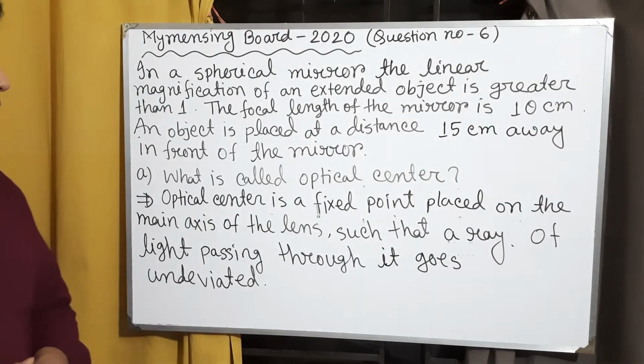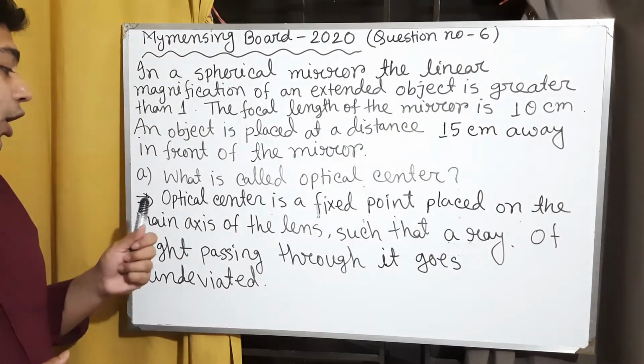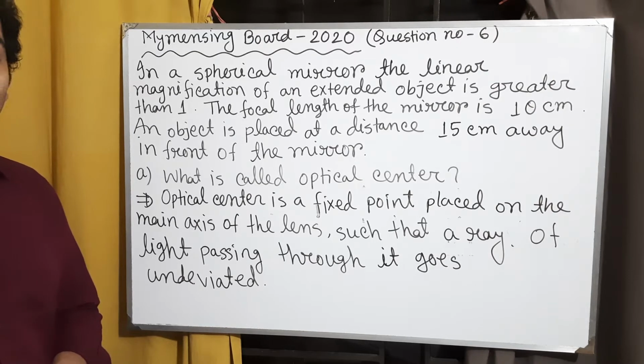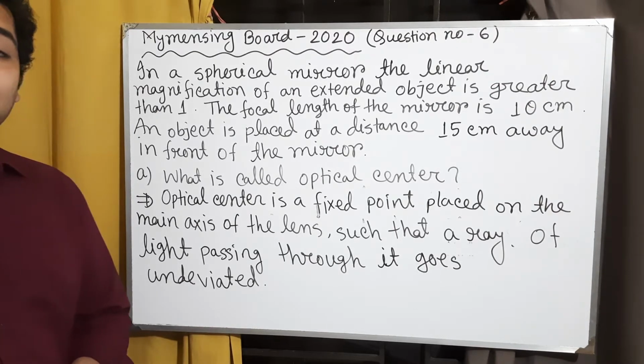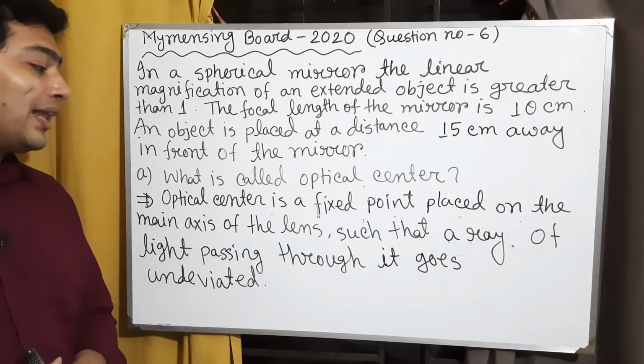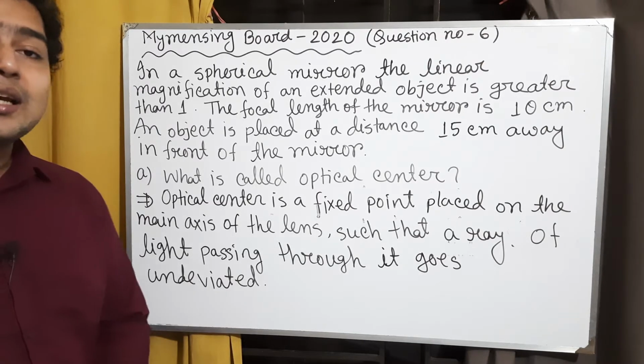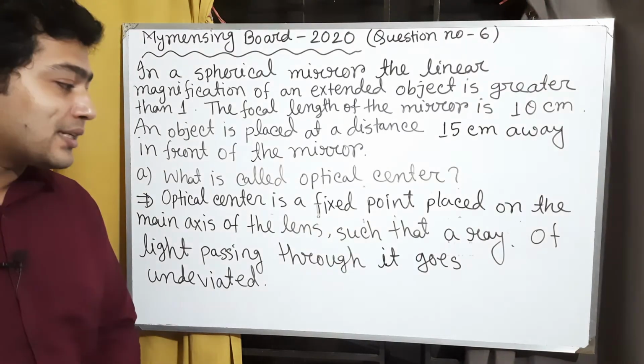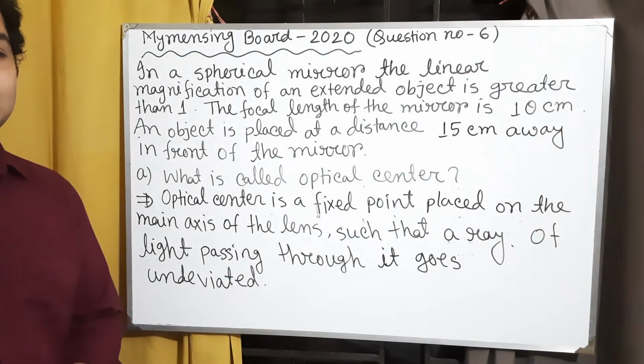I repeat it again: optical center is a fixed point placed on the main axis or principal axis of the lens, such that a ray of light passing through it goes undeviated.